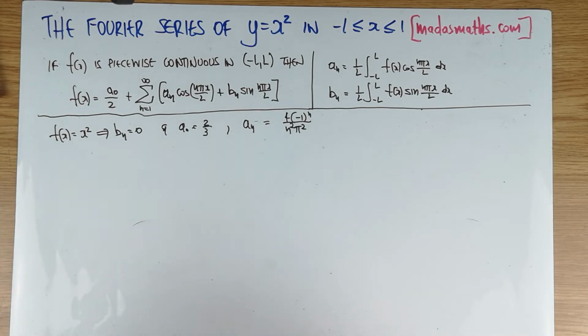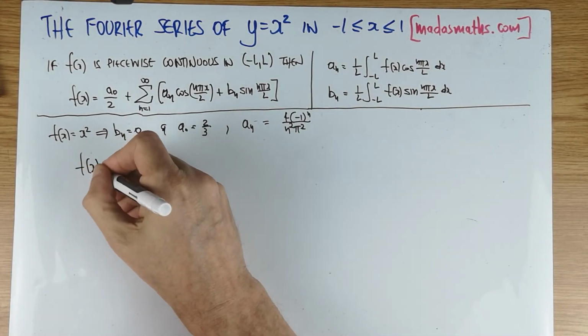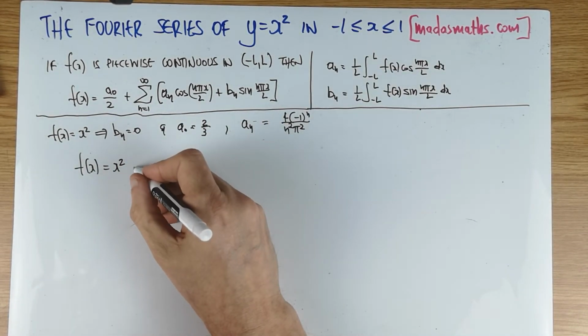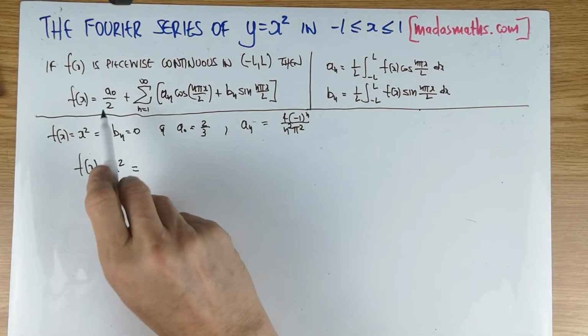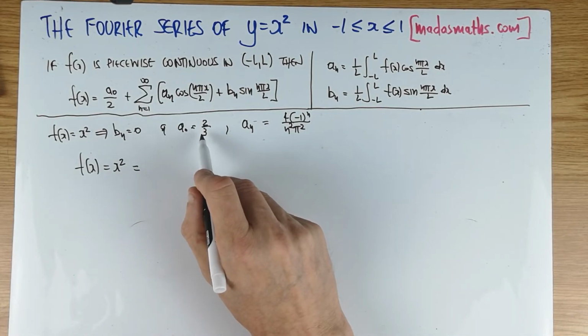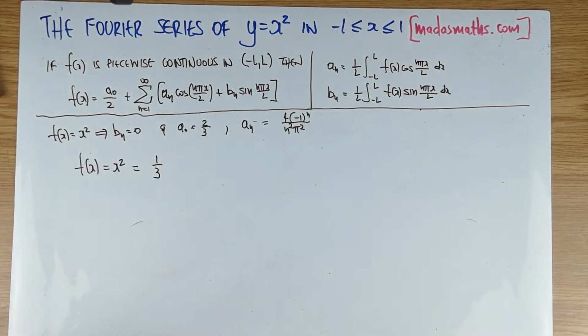We found that f of x, which of course is our x squared, in the interval minus 1 to 1, can be written as a naught over 2. What was the a naught? It was 2/3, so in this particular case, it will be simply a third, because it has to be divided by 2.